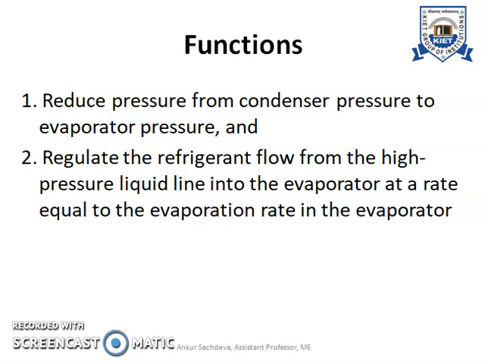So the refrigerant in high pressure and high temperature condition from the condenser is converted into a low temperature and low pressure liquid plus vapor mixture in the evaporator. And the second function of the expansion device is to control the amount of refrigerant passing through the evaporator according to the load on the evaporator, or the evaporation rate, what we can say in the evaporator.